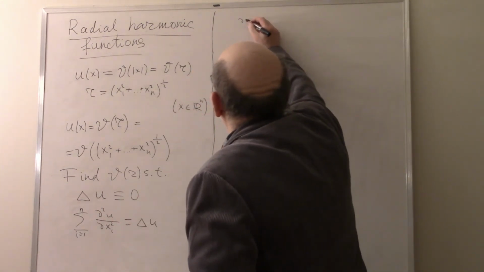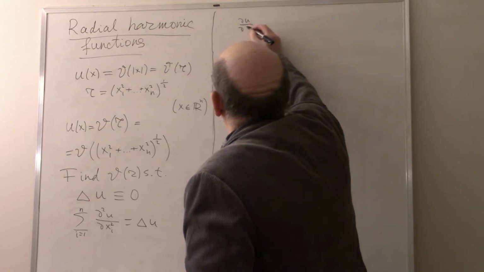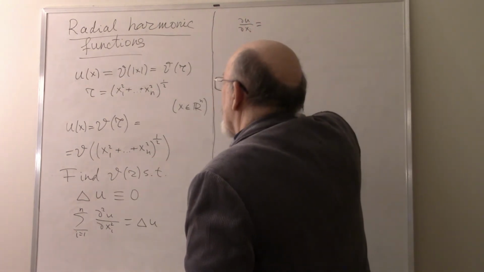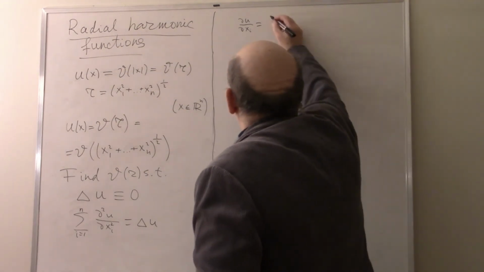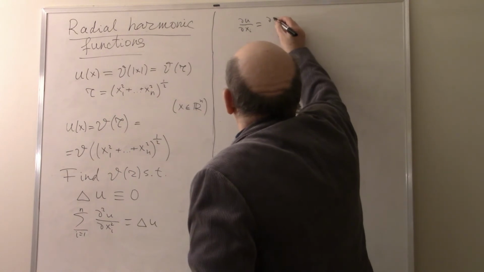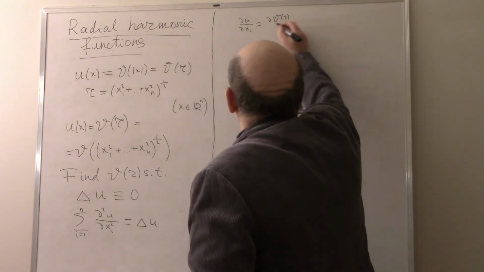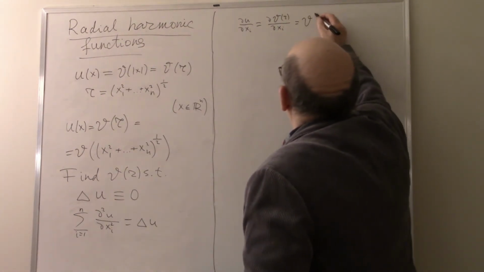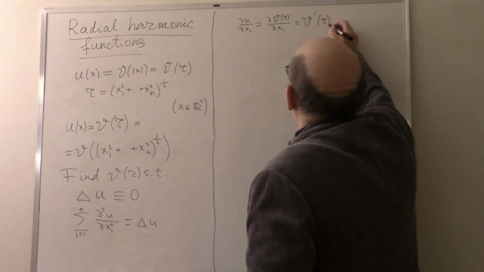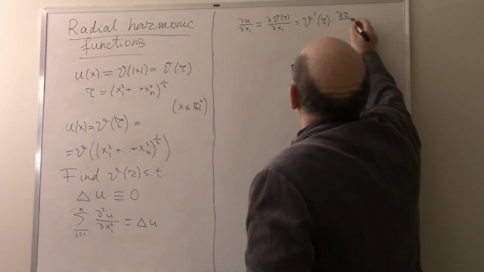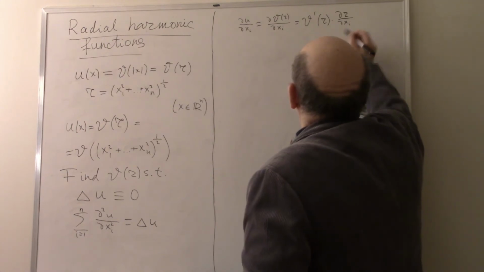So du/dxi equals dv of r/dxi equals v prime of r times dr/dxi.